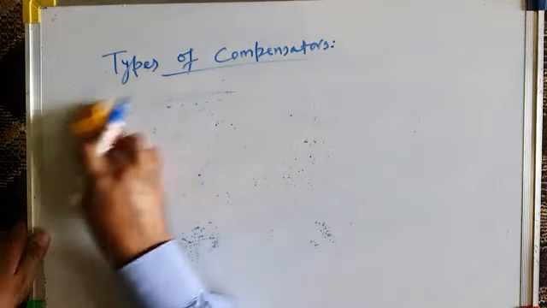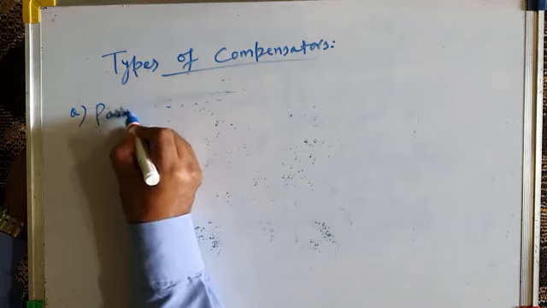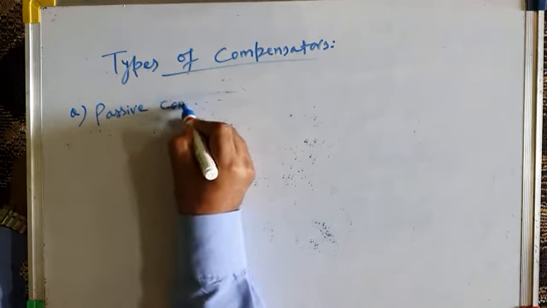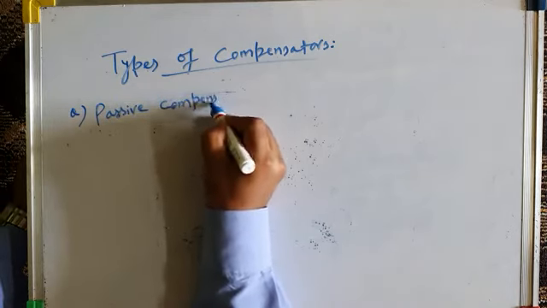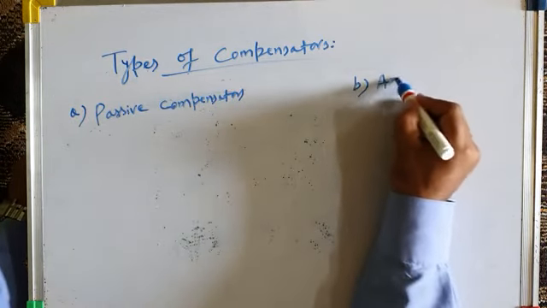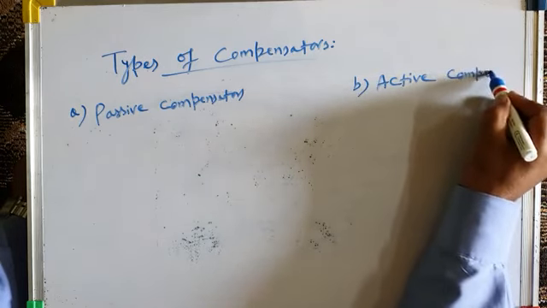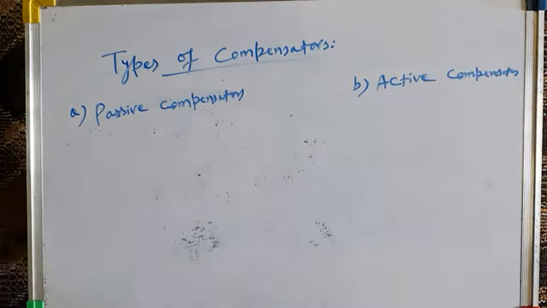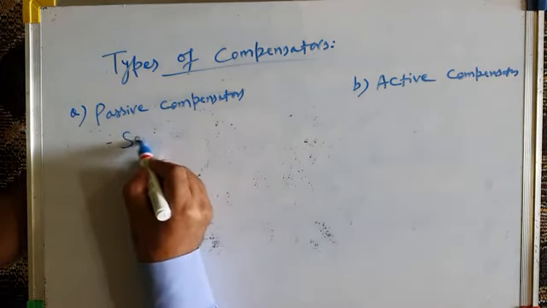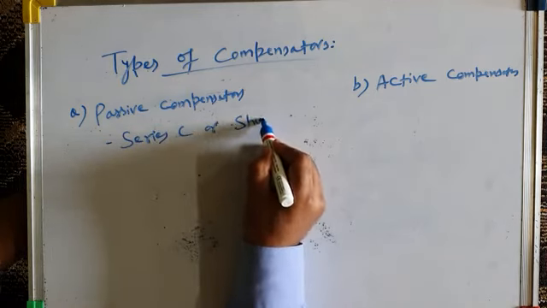I will write here A, passive compensators, and B will be active compensators. When I say passive compensators, it means series capacitance or shunt inductance.